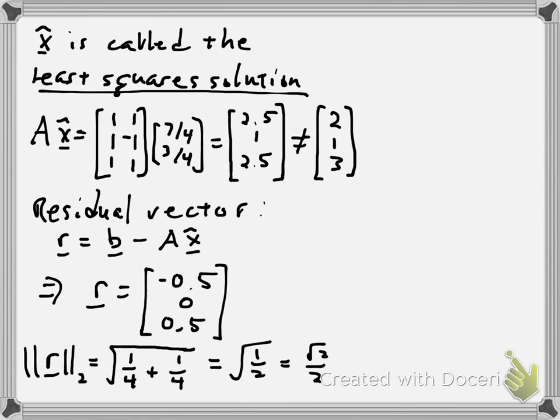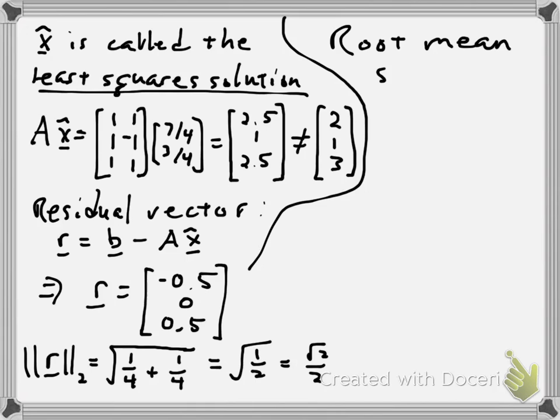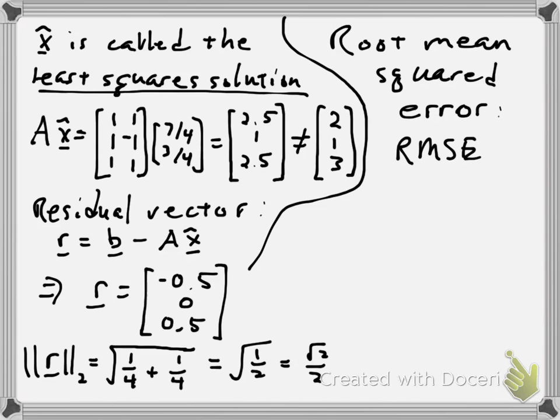There's another quantity that we can define in trying to get a measure of success, which is the root mean squared error, abbreviated RMSE.